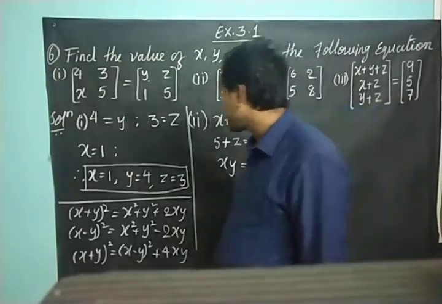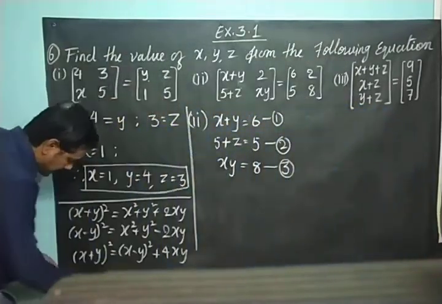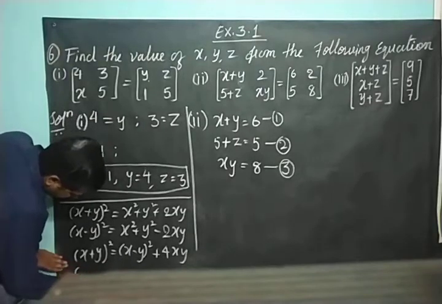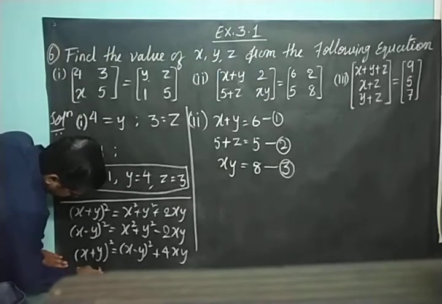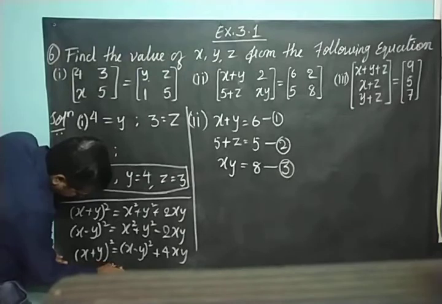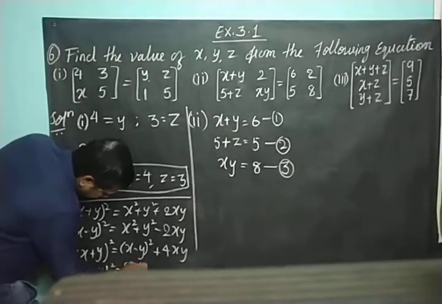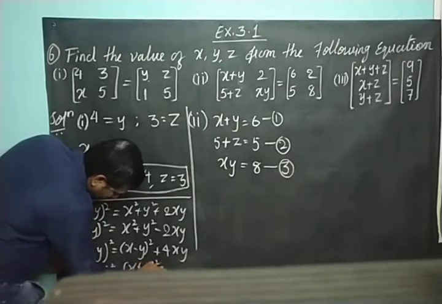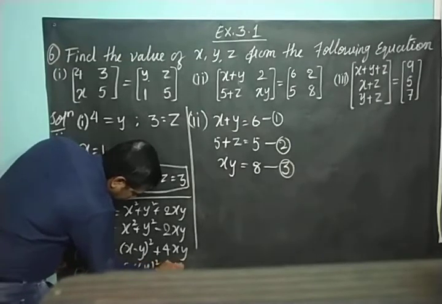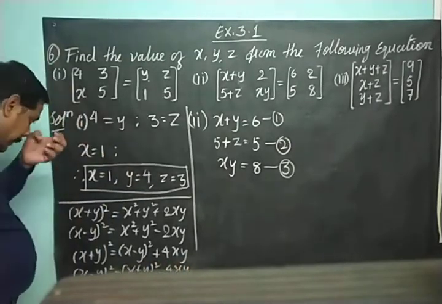So what will be x minus y the whole square from this equation? X plus y the whole square minus 4xy.